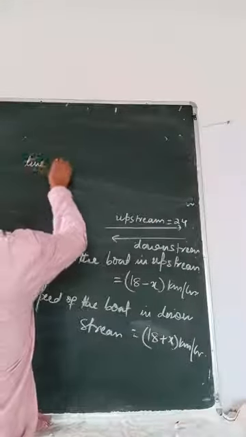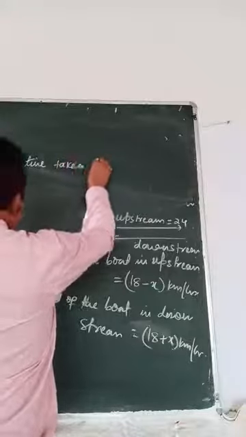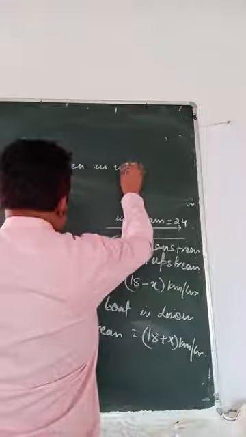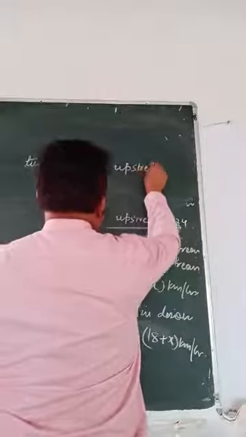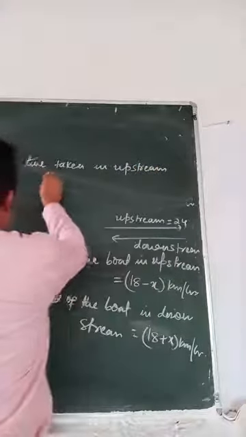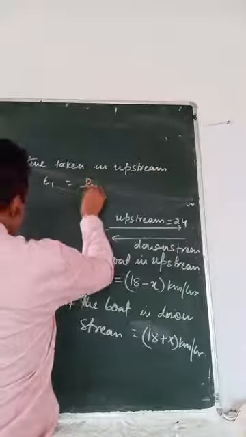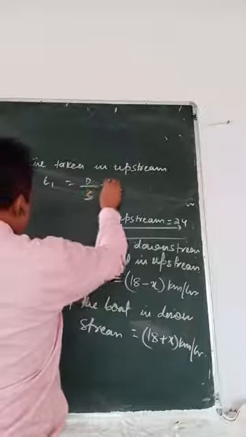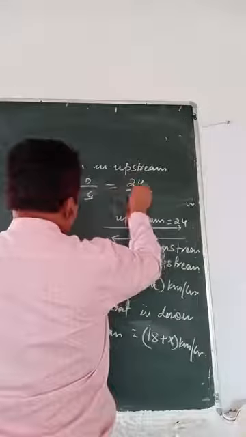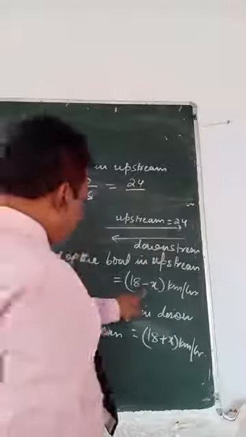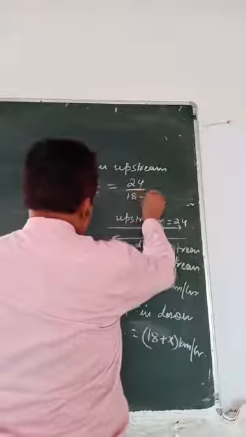So now find out what is the time taken in upstream. Time equals to distance by speed. Distance is how much? 24 kilometers. Upstream speed is how much? 18 minus x. This is in hour.